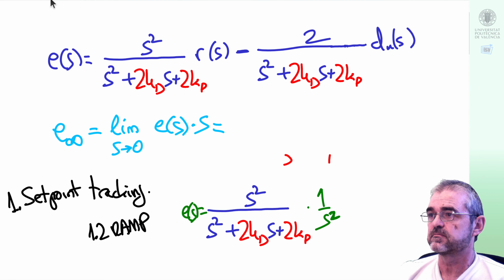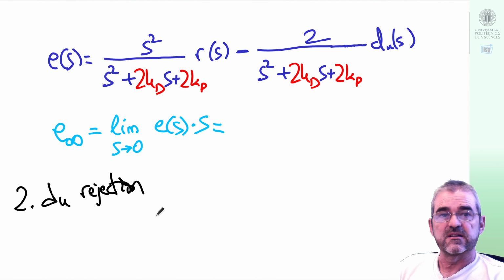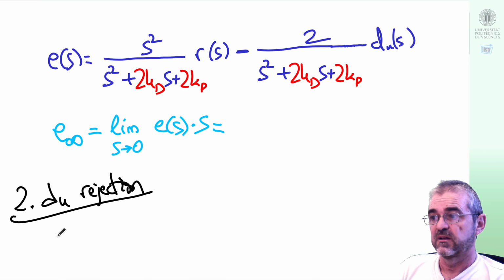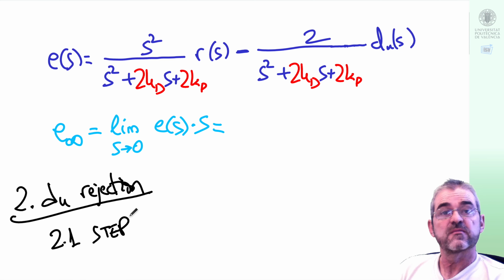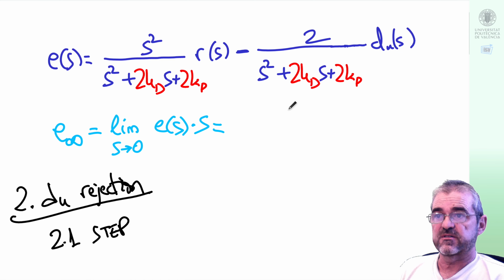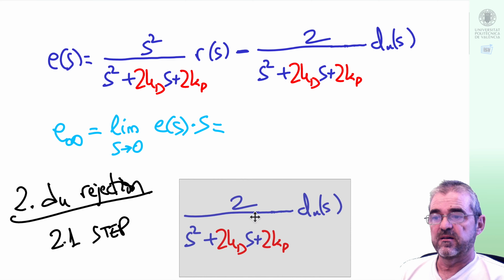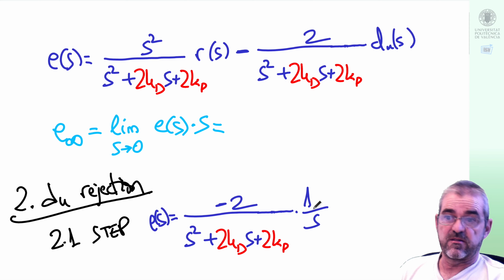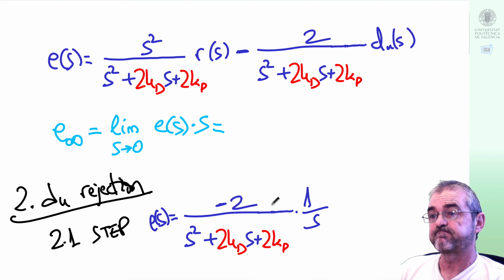Now, let's see performance with input disturbance rejection, this fraction here. And let's start with step input disturbance. So we copy this here and replace disturbance by the step Laplace transform.